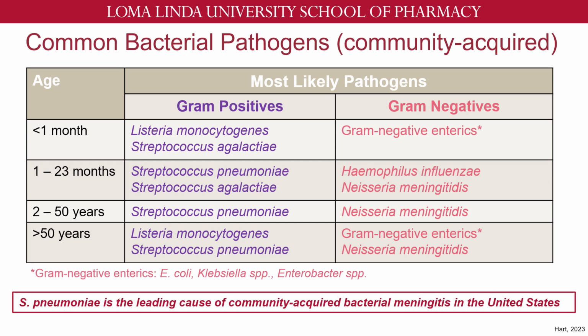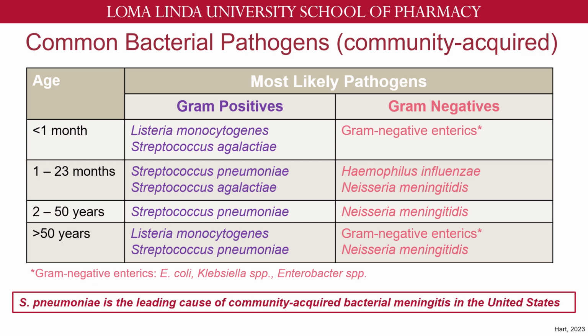If a patient is 1 to 23 months old, then the spectrum shifts a little bit. The gram-positive organisms we think of are Streptococcus pneumoniae as well as Streptococcus agalactiae, but no Listeria. And then the gram-negatives we tend to look at would be Haemophilus influenzae as well as Neisseria meningitidis.